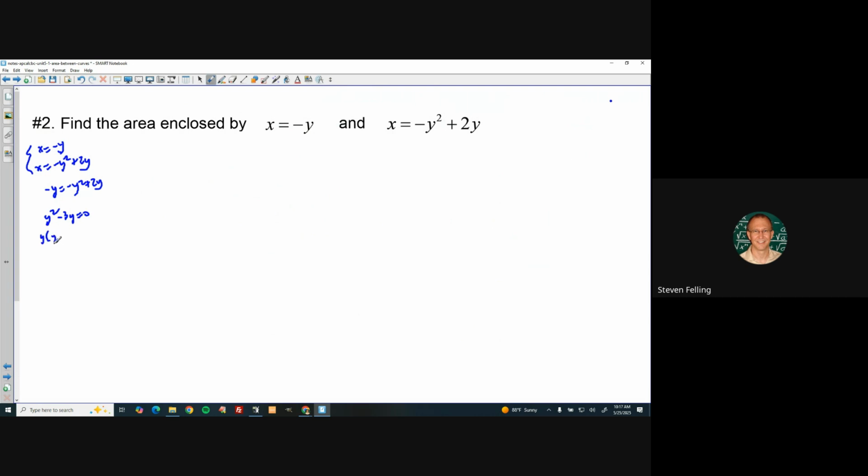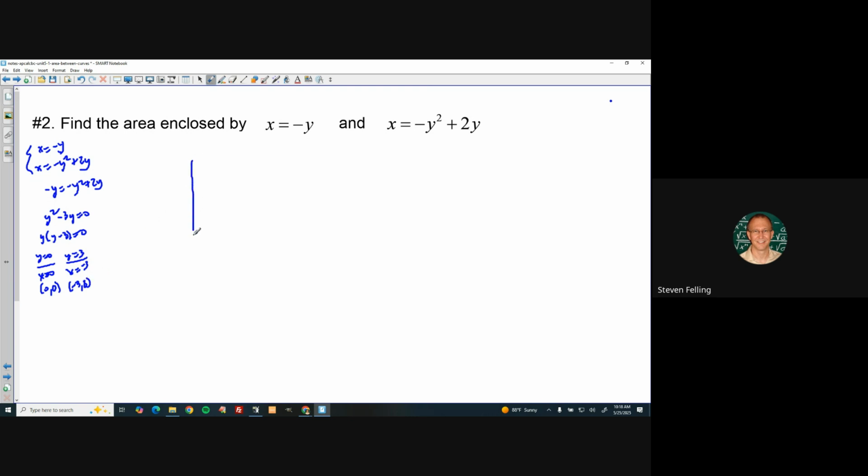Y times y minus 3 equals 0. So y would be 0, or y is positive 3. And if y is 0, x is negative of that, so x would be 0. And here the x would be the negative of the 3. So the two intersection points are x is 0, y is 0, and here x is negative 3, y is 3. Be careful, we solve for the y, so that's the second part.